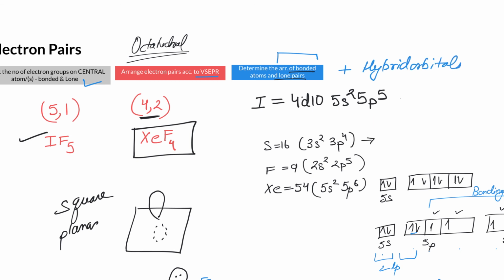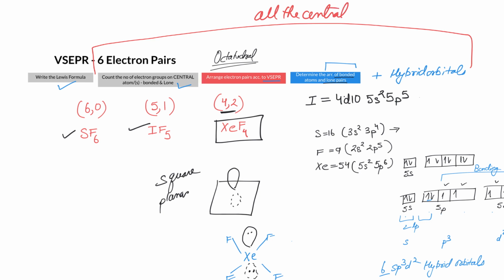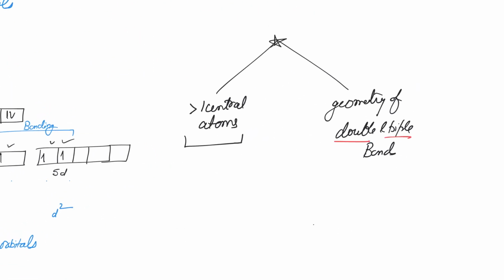In case of multiple central atoms, we will just carry out the steps for all the central atoms. So, it is fairly easy, but the geometry involving double and triple bonds is something to be understood. So, rather than including them in this video, I am going to bring a next one where I will be dealing with these 2 topics in detail. I hope this makes sense.